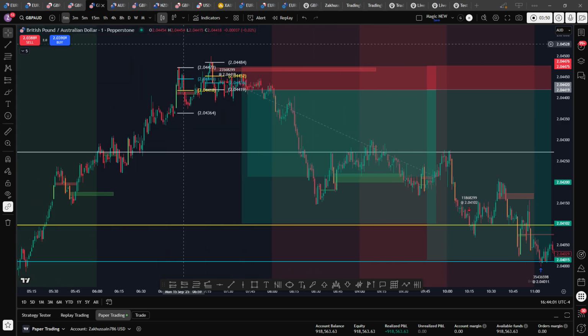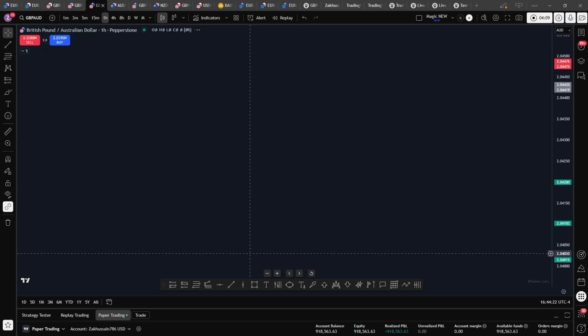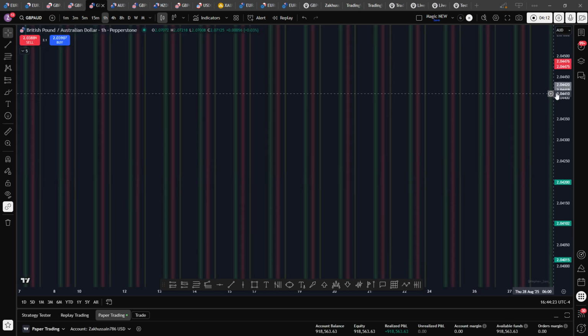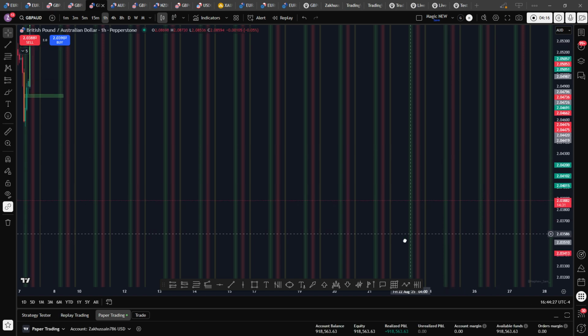Now, the reason I chose to go for 75% was because if you look at the hour time frame, you would see that it's a very thickish displacement CRT candle, which is as ideal as it gets.